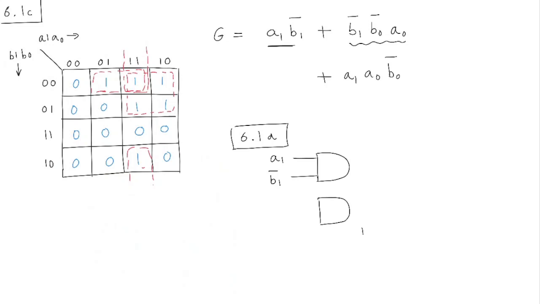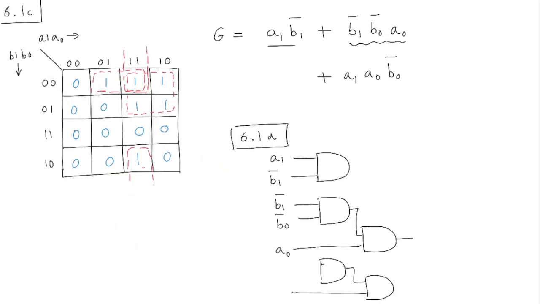So you have something like this, so this goes in here, and then you have 3 inputs here. So you have B1 bar, B0 bar, and A0, and the output is going to be the AND of all these terms. And similarly, you can have another 3-input AND gate, and the inputs are going to be A1, A0, and B0 bar.